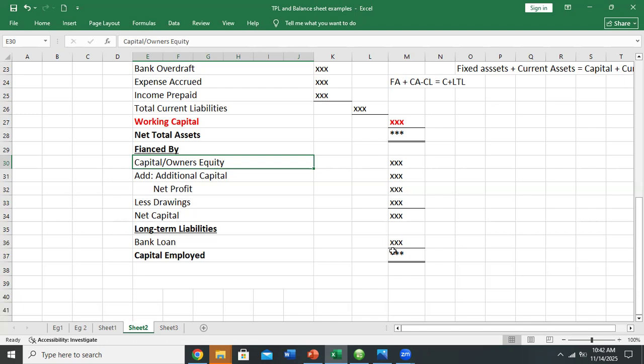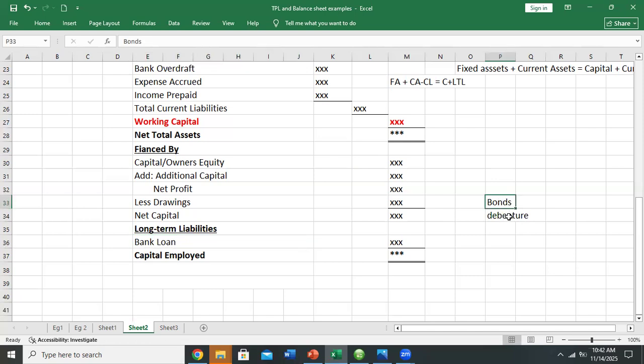When you do that, you get the net capital. Then you add the long-term liability. The long-term liability of any sole trader is a bank loan. But we have other long-term liabilities like bonds, government bonds, and debentures, which appear in companies. For a sole trader, it is your bank loan.